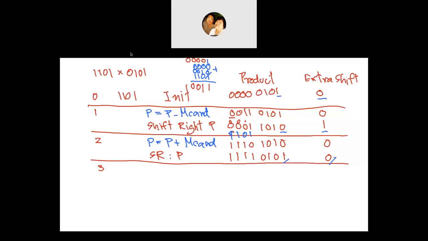We update the product with this one, P minus multiplicand. So how can we do that?